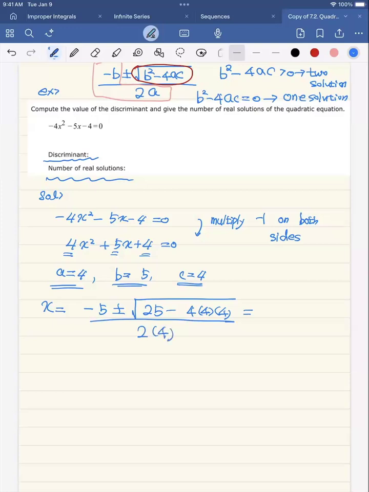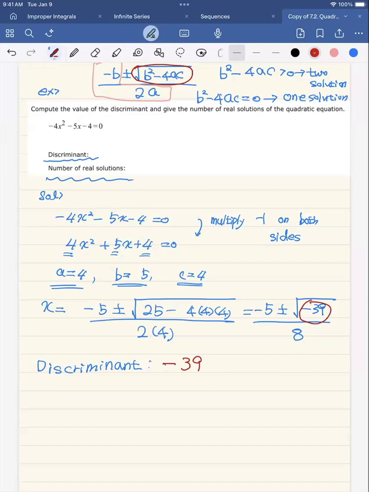When you calculate it, that'll give you minus 5 plus or minus square root of minus 39 over 8. So the discriminant is the number under the square root, which is negative 39.